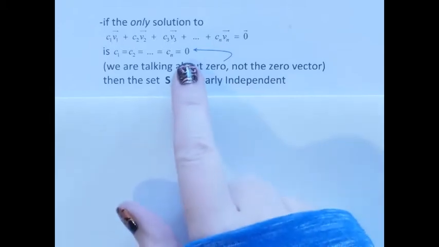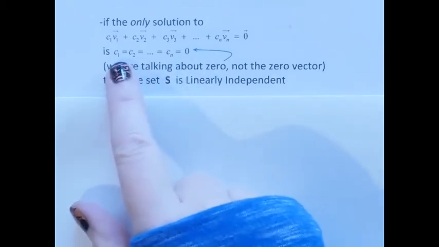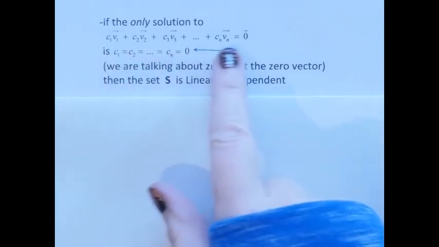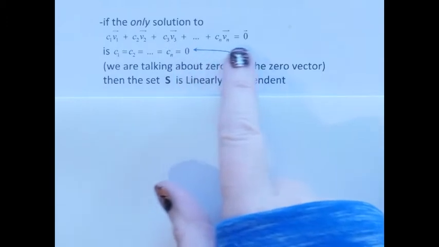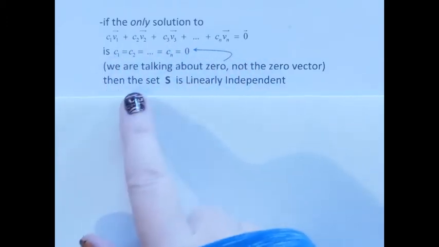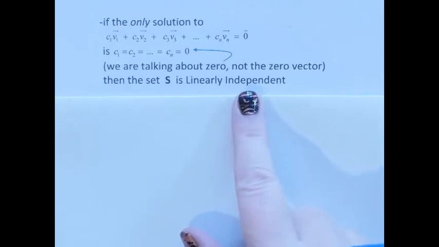Now understand, we are talking about 0 because we're talking about the C's, which are scalars, not the 0 vector. If the only solution to this system right here, this is a linear combination basically, and the only solution we get is 0, then the set is linearly independent.